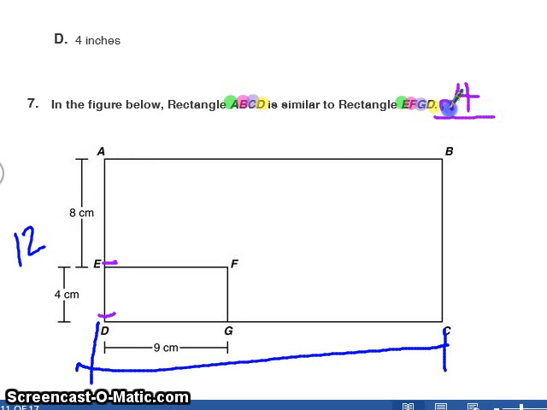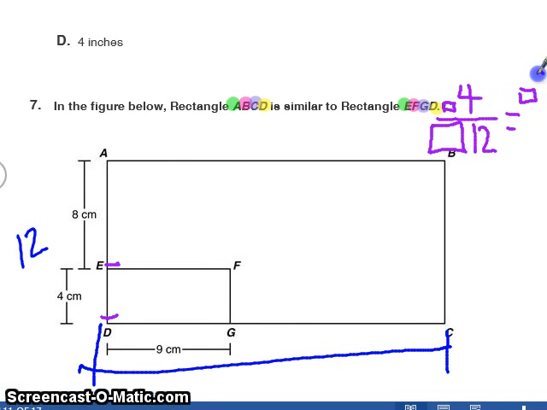So we got the little bitty rectangle, and then we got our big rectangle. Length is 12. And the little bitty rectangle right here is 9. And we don't know the measurement for this big rectangle there. So we'll use B for the bigger rectangle length. Okay, so 9 times 12 is 108. And then we got 4B.